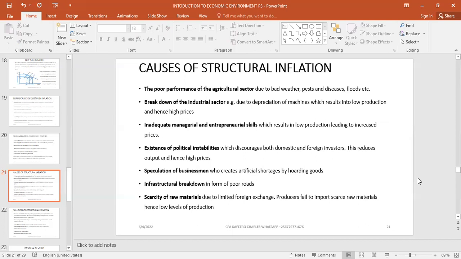Then we have speculation by business incumbents. This sometimes happens with monopolists. If someone has been in the market alone, with no competition, they just create an artificial shortage.